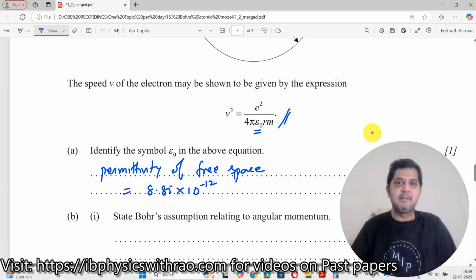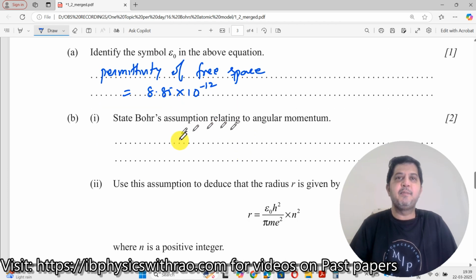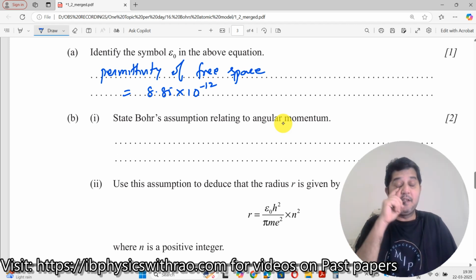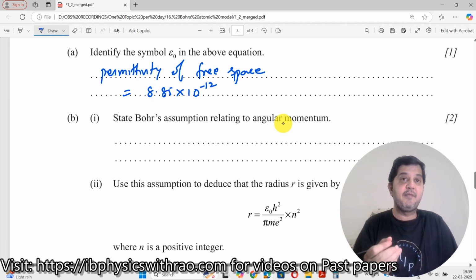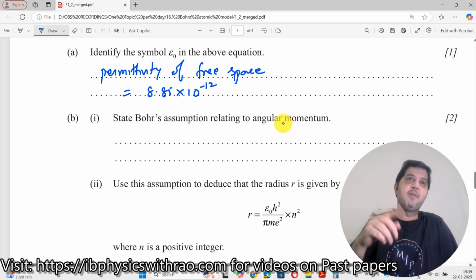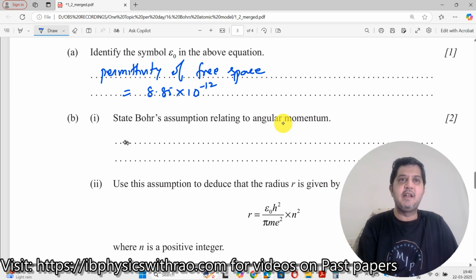Then state Bohr's assumption relating to angular momentum. What is angular momentum? We already know that, we have seen this in the previous video. If you do not understand, you can go back to the previous one for a detailed view. But for your sake, I'll write it down fully.